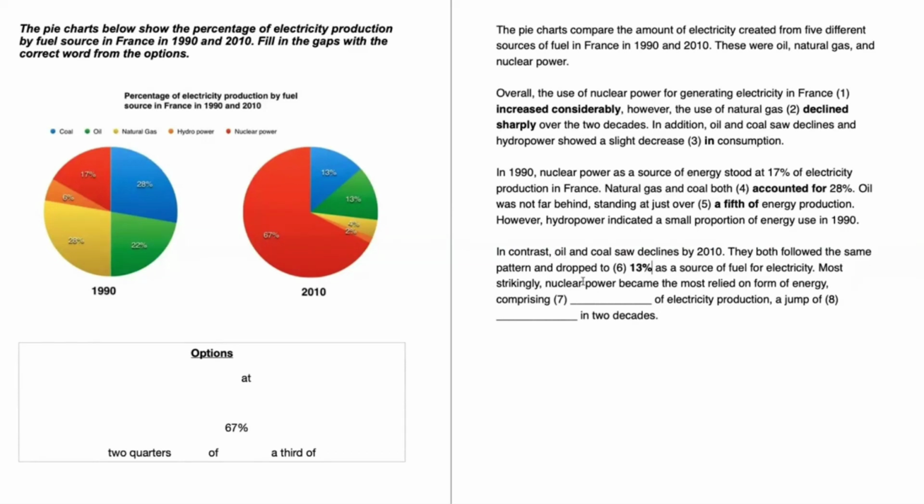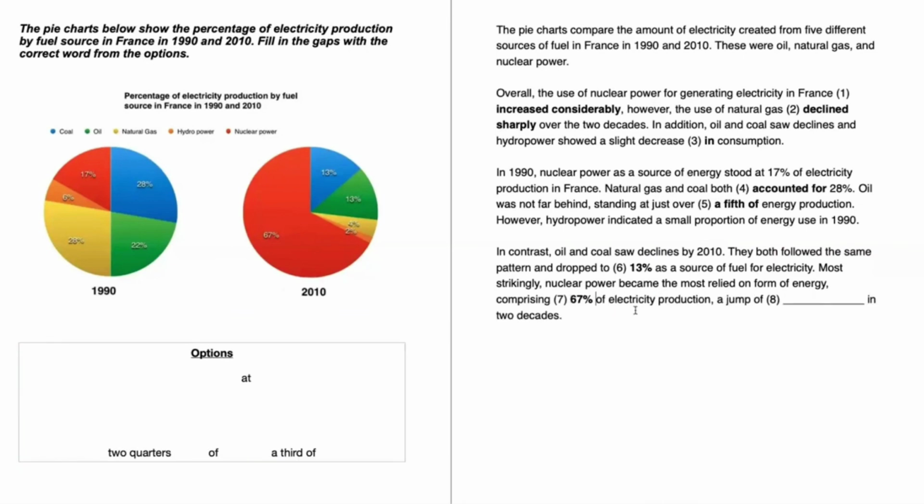Most strikingly, nuclear power became the most relied on form of energy, comprising blank of energy production. So nuclear power is in red. We see another number here, comprising 67%. And that is just looking at another way to talk about your data and to be specific.